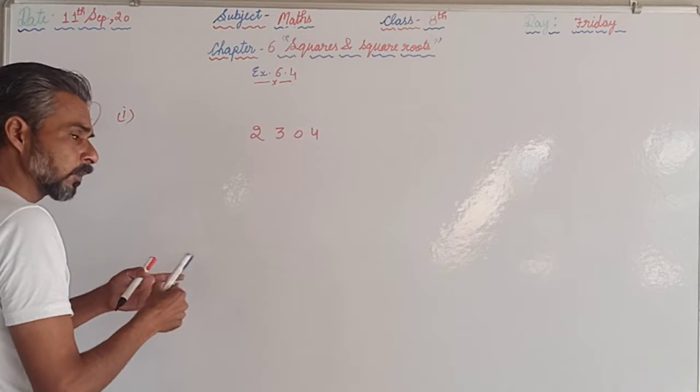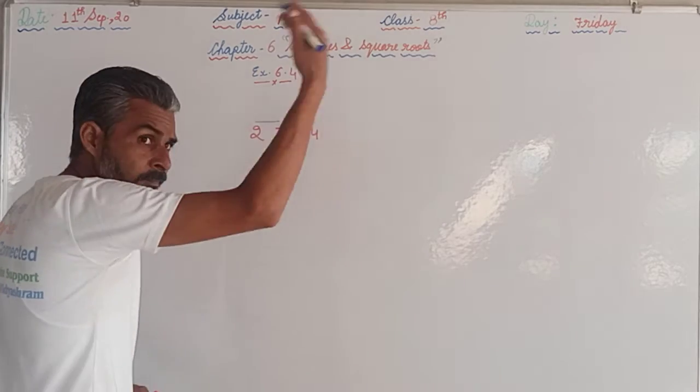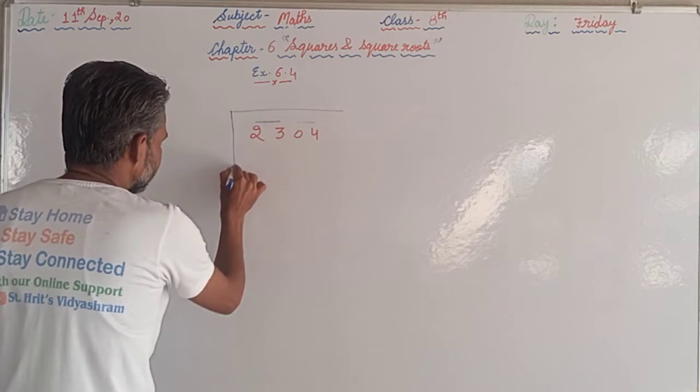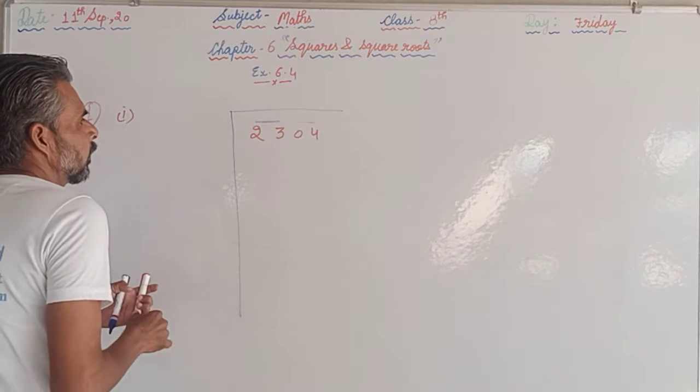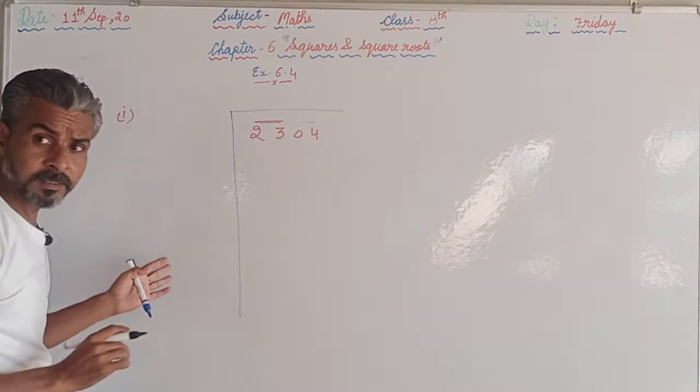First of all we are supposed to pair the digits from the right hand side, and afterwards the division sign will be like this. Now we see the first pair, that is 23.